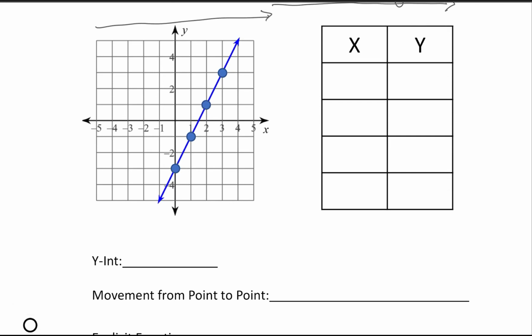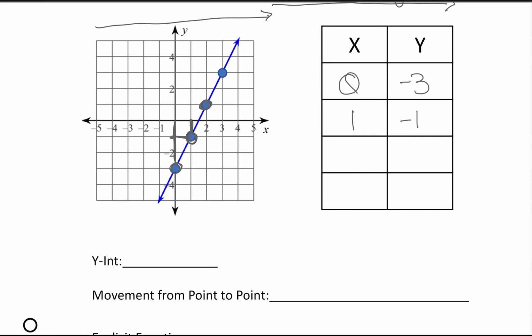Starting with our left point, which is right here, that x value is 0, right? The x value, if I go straight up, is 0. The y value in this case is -3. At our next point, the x value is 1. The y value here is -1.